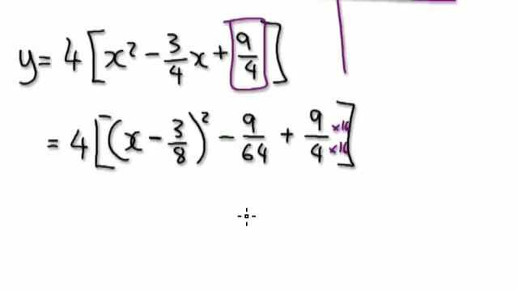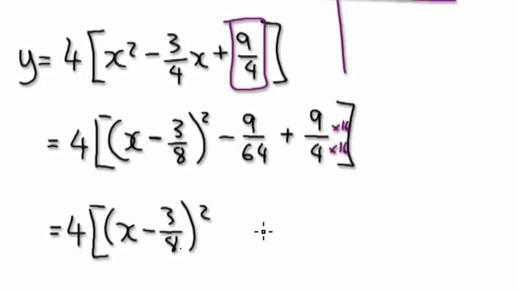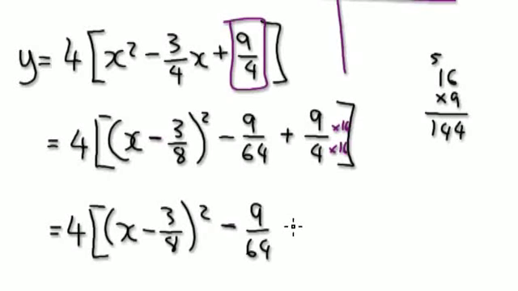So now it will look like this. x minus 3 over 8 squared, and then 16 times 9 will be 144. So it would be this here: minus 9 over 64, plus 144 over 4 times 16 will be 64.